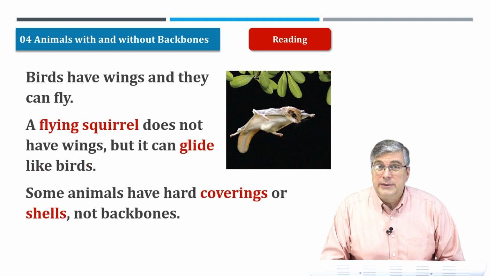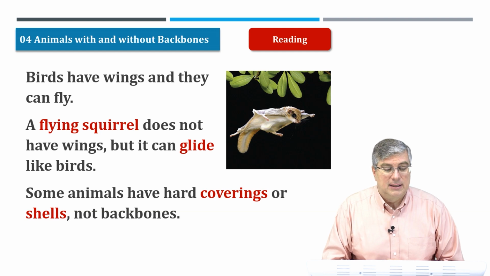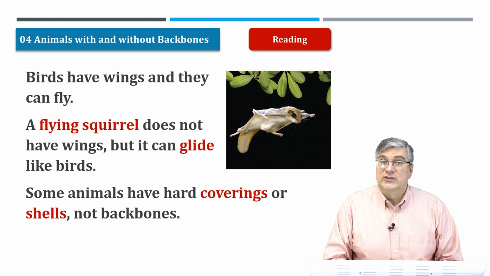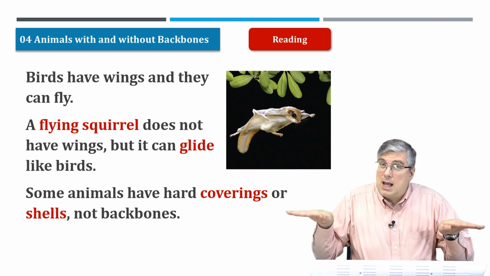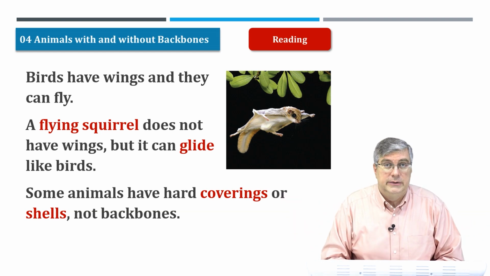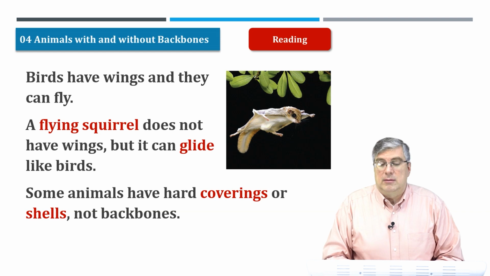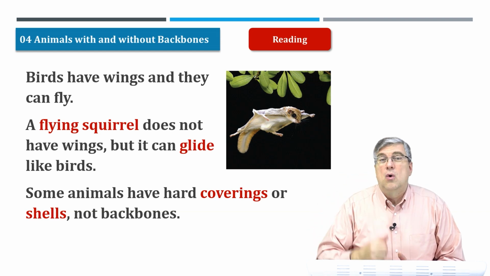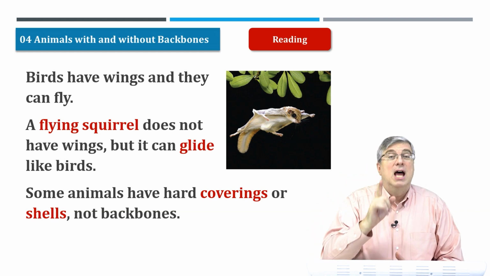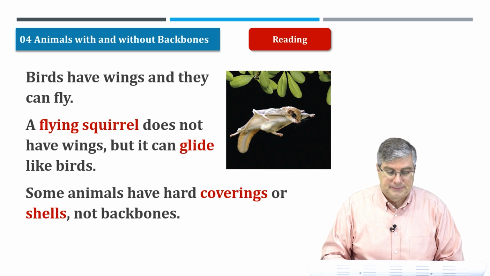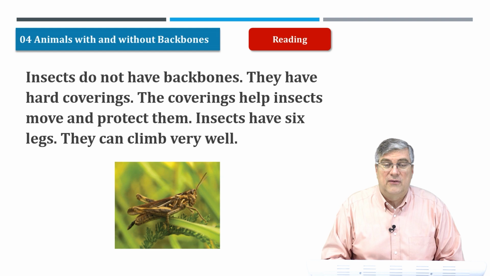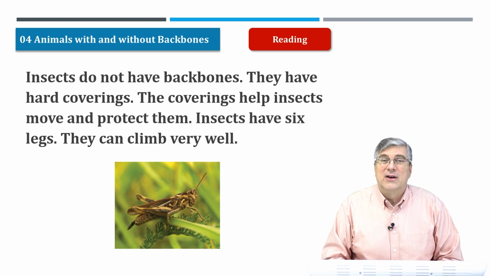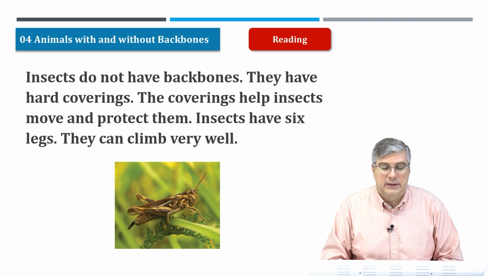Birds have wings and they can fly. A flying squirrel does not have wings, but it can glide like birds. Some animals have hard coverings or shells, not backbones. Insects do not have backbones. They have hard coverings.